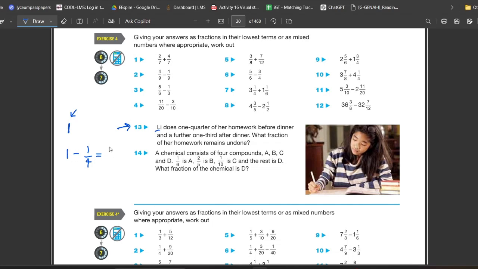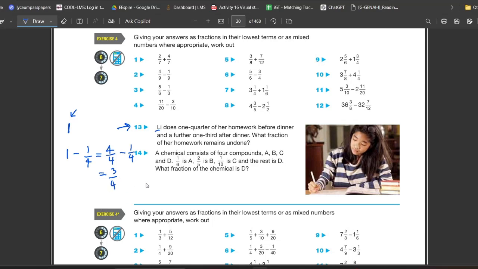We can write 1 as 4 over 4. 4 over 4 means if we cancel those 4s out, it will remain 1. Then 4 over 4 minus 1 over 4 is 3 over 4. So before dinner, she did 1/4. So the remaining is 3 over 4.